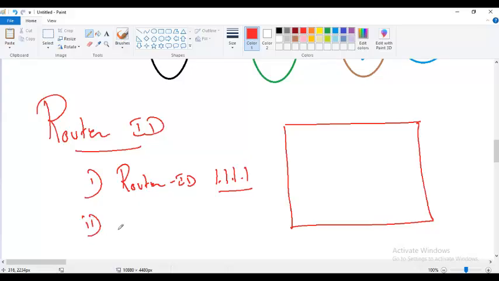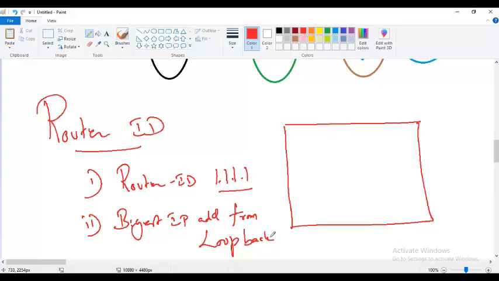Yesterday I told you there are various use cases of the loopback interface. So this is another use case. OSPF will pick a name as the router ID from the loopback interface. If you have more than one loopback interface, the biggest IP address among those loopback interfaces will be taken as the router ID.